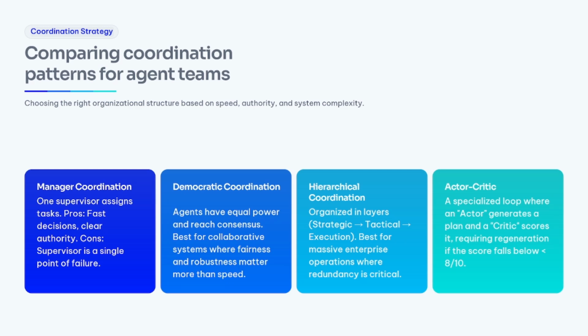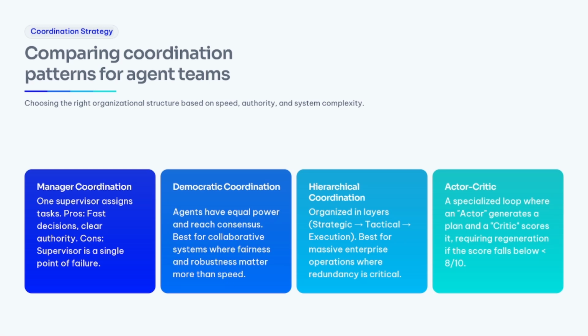We have democratic manager coordination, where one orchestrator manager coordinates all the tasks. We have democratic coordination. Agents have equal power and reach consensus, best for collaborative systems where fairness and robustness matter.